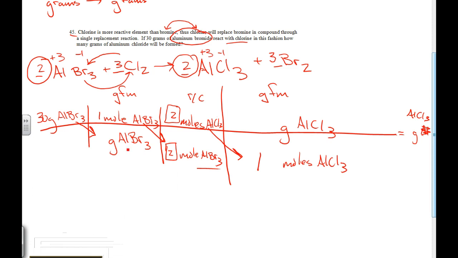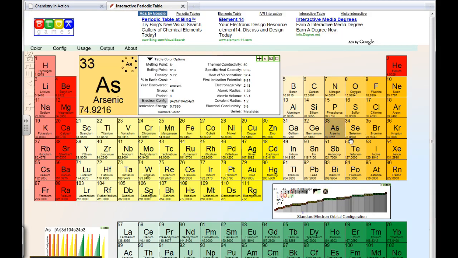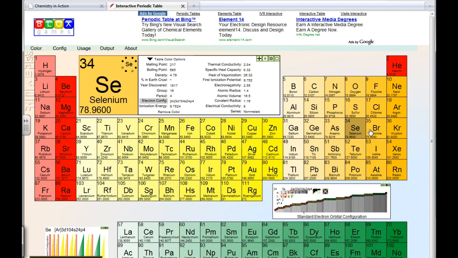So to find the mass of AlBr3, I need to find the mass of 1 aluminum. That's 27 grams plus 3 times whatever Br is, and I don't have that memorized. So let's find that periodic table I was using. Br is right here.